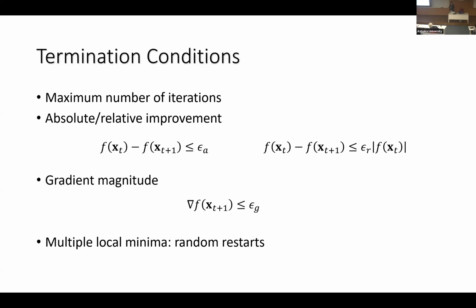That should be randomly chosen. And you repeat this as many times as you have time for. And whatever is the smallest local minimum that you have obtained, that is your solution. Right? So that's what we do in practice. We tend to repeat if it is possible to repeat.